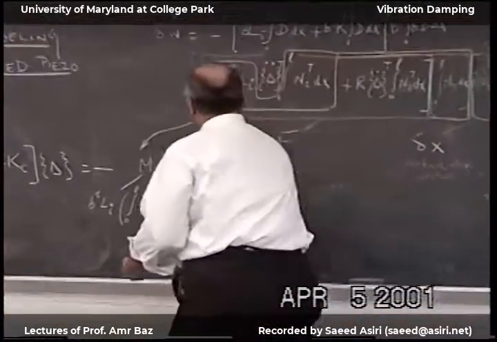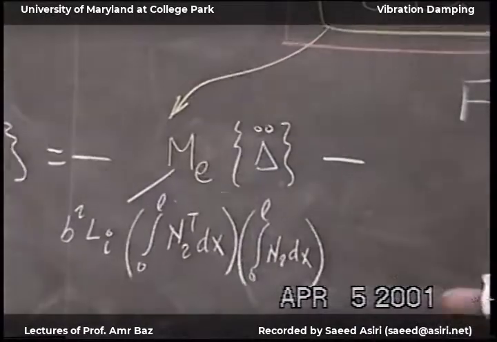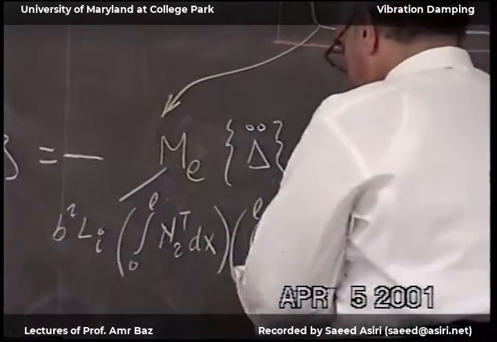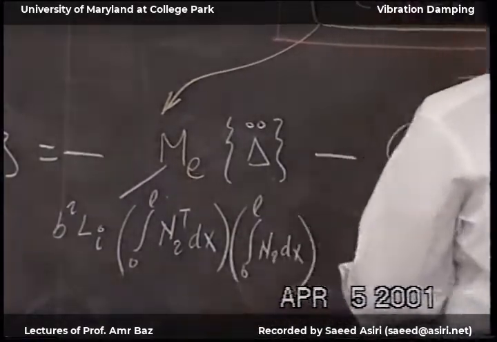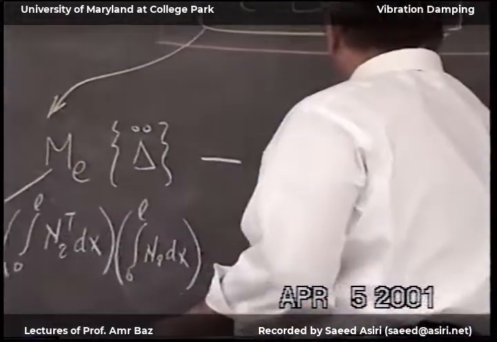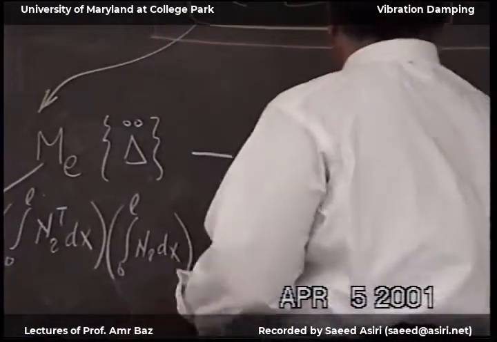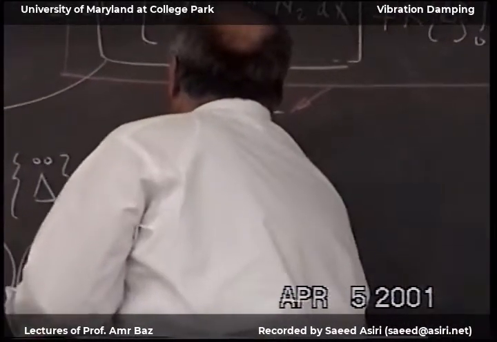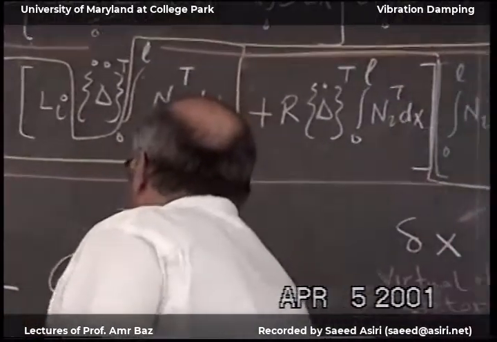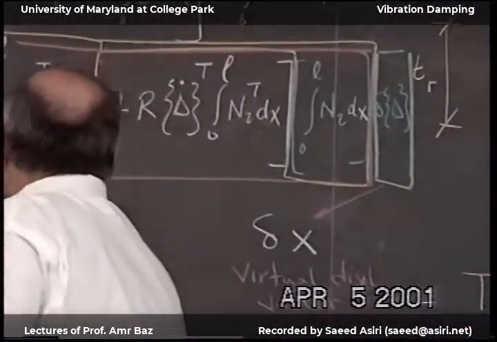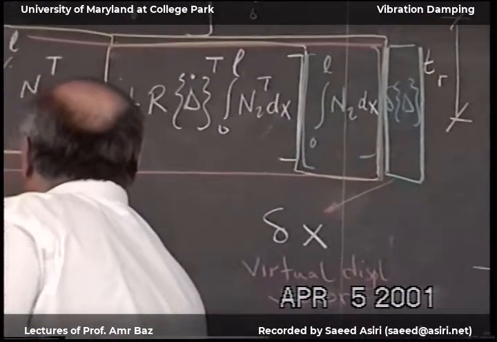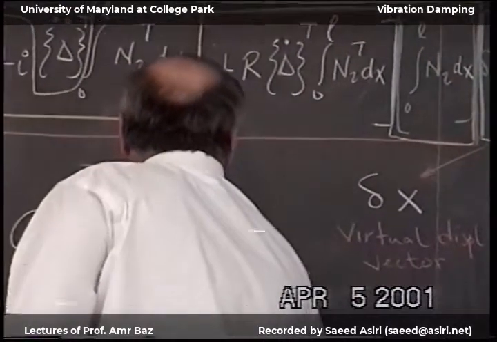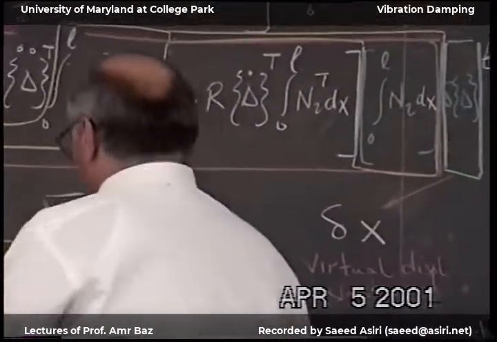And then minus the second component, and I'm going to call it C electric because it's multiplied by delta dot, and this C is B squared R integral from 0 to L N2 transpose, same matrix, dx, 0 to L, N2 dx.